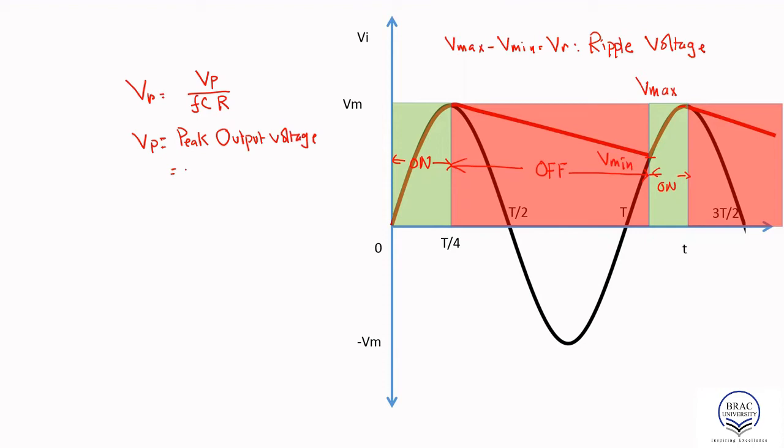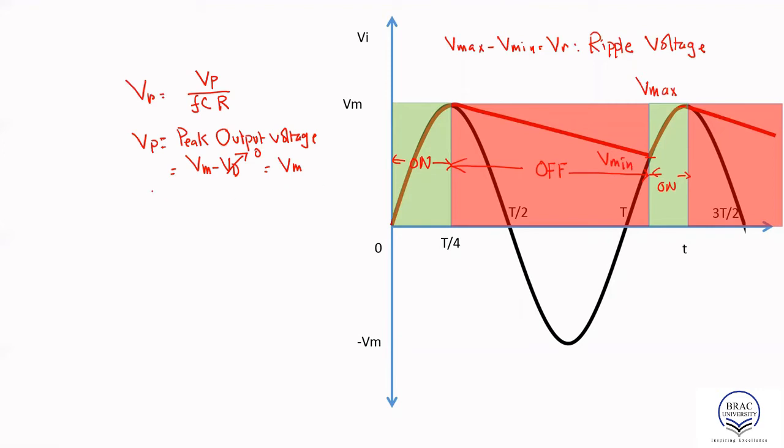So that can be Vm minus Vd, where Vm is the input maximum and Vd is the voltage drop across the diode. Now if we consider the diode is ideal, that means Vd is equal to 0, so Vp is Vm.